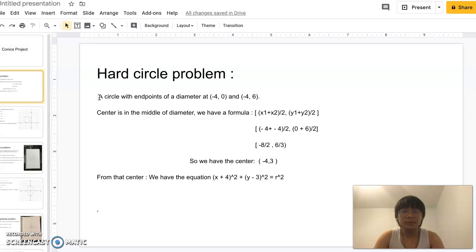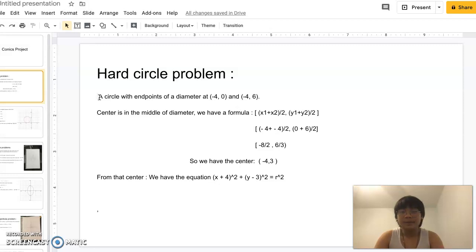When we replace the x and y in the formula, we have (-4 plus -4) over 2 and (0 plus 6) over 2.